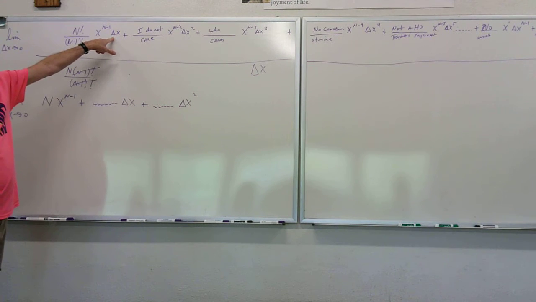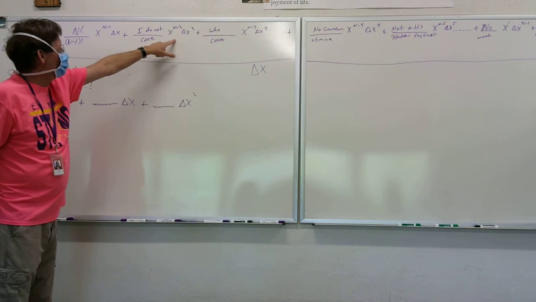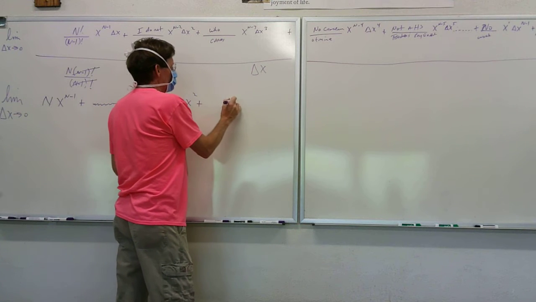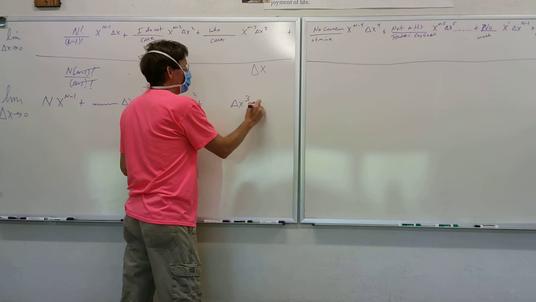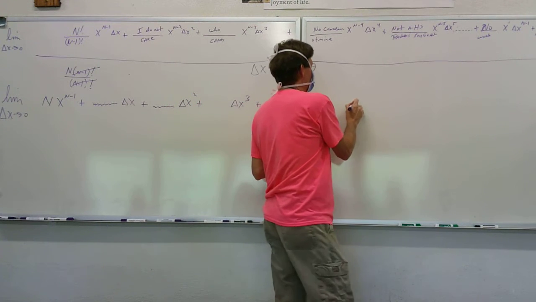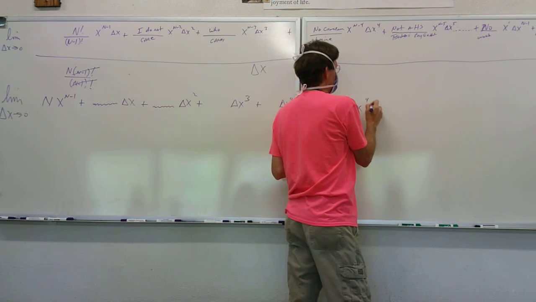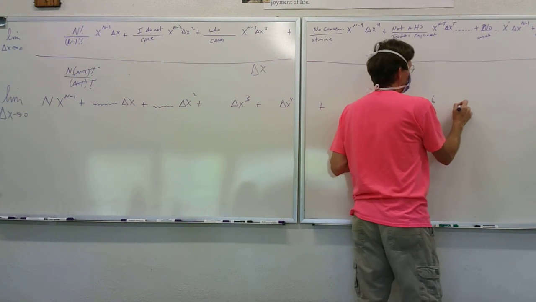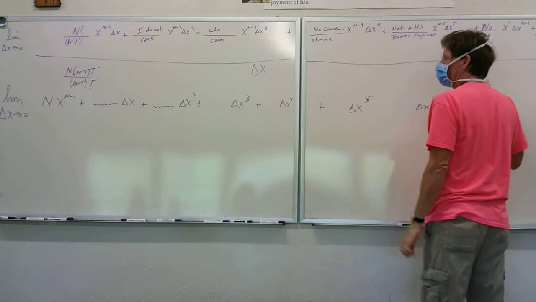Do you notice that all the terms left are going to have a delta x in them? Don't care what the rest of it is, I just know it's going to have a delta x.